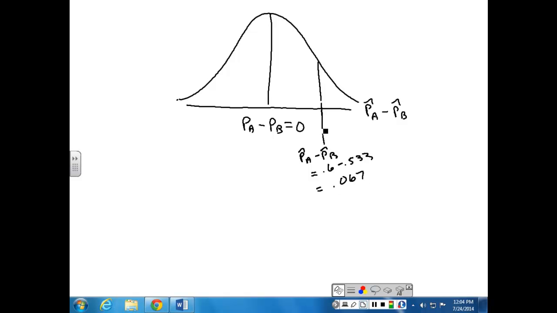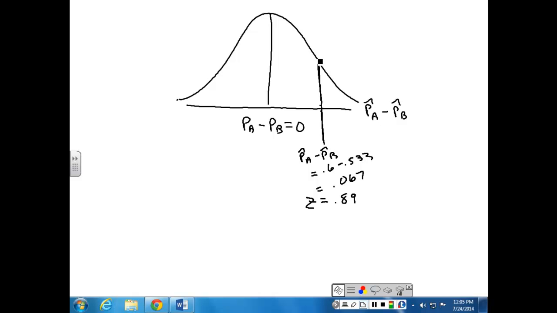So this point is at 0.067. When we calculated the Z, we found that it was about 0.89, 0.886 when I calculated it by hand. If you used the calculator, you would have gotten 0.88. So we'll have a slight difference there. Either one is fine. I'm going to go with 0.89, the one I computed by hand. And so this point is 0.89 standard errors above the mean.